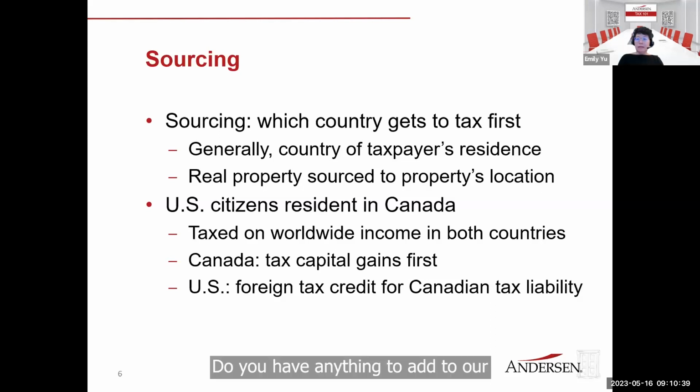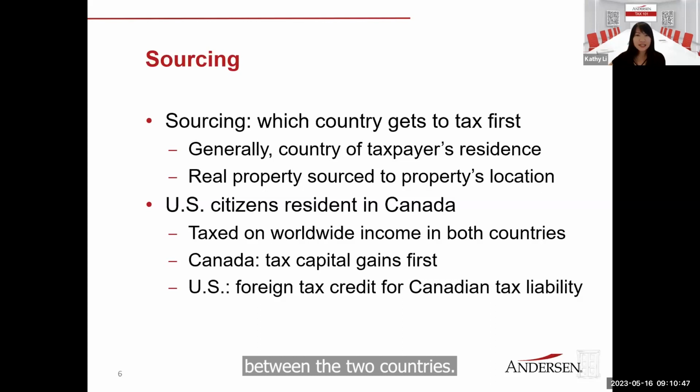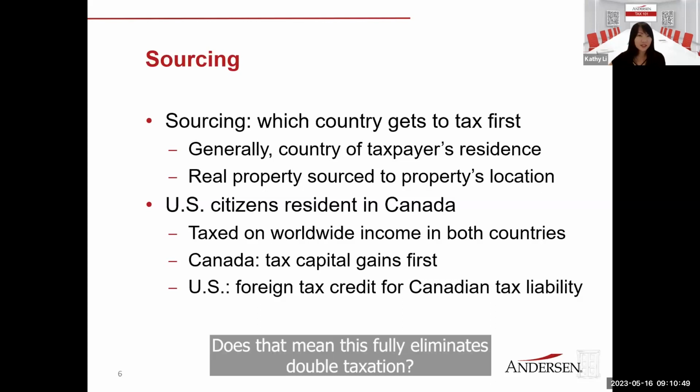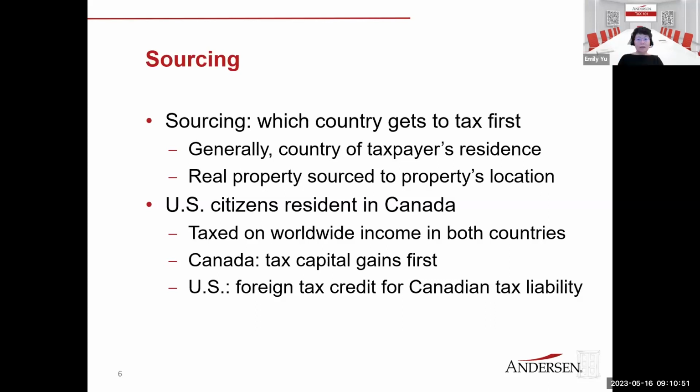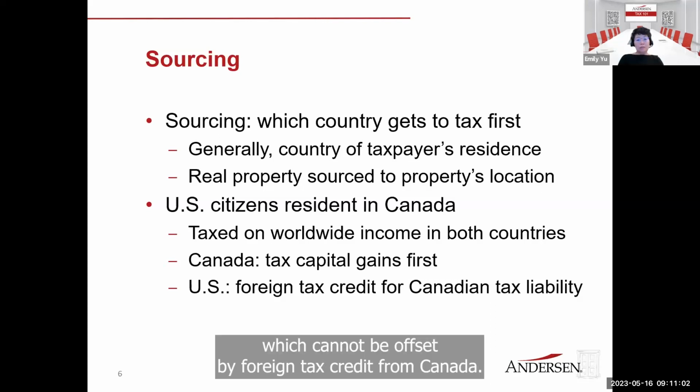Do you have anything to add or questions, Cassie? Yeah, actually, you were talking about foreign tax credits between the two countries. Does that mean this fully eliminates double taxation? It's generally effective, but as you mentioned, there's the net investment income tax in the US, which cannot be offset by foreign tax credit from Canada.